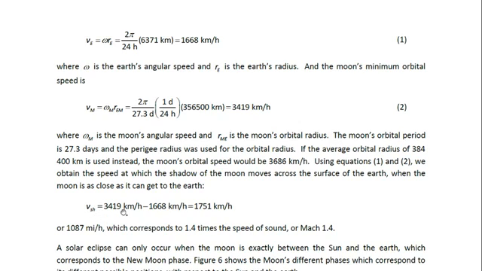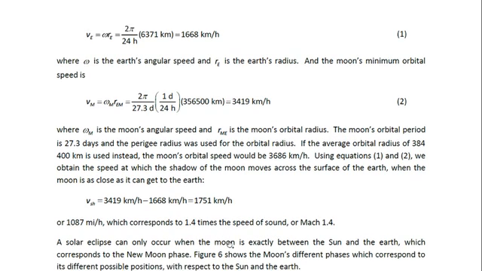So this is how fast the moon shadow moves. VSH represents the velocity of the moon shadow across the surface of the Earth. And that speed corresponds to 1.4 times the speed of sound, or Mach 1.4. So it moves extremely fast.